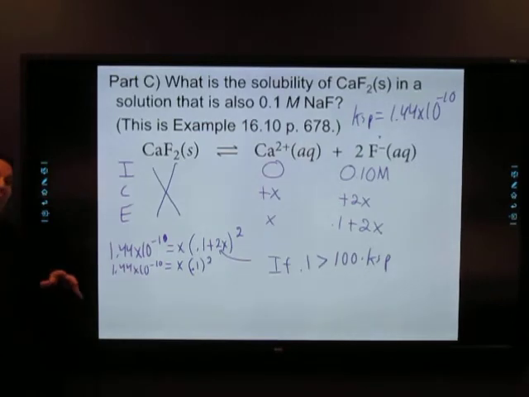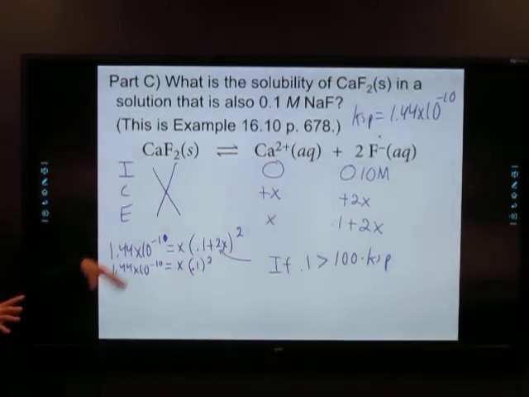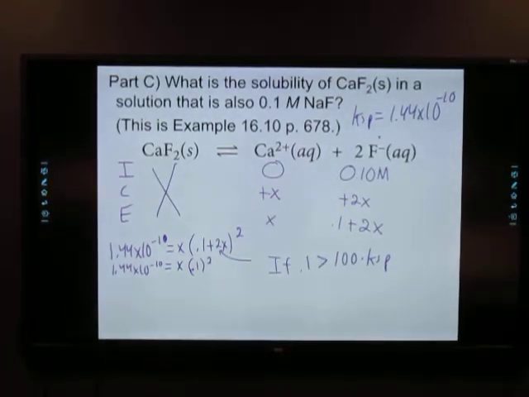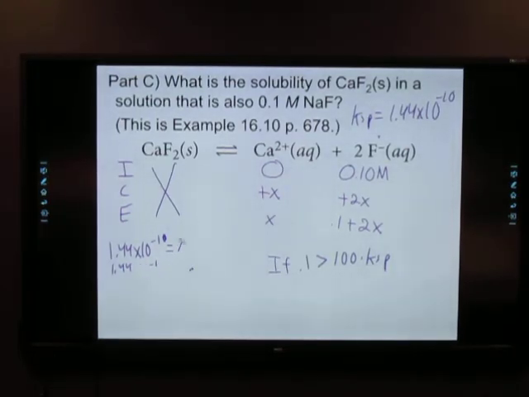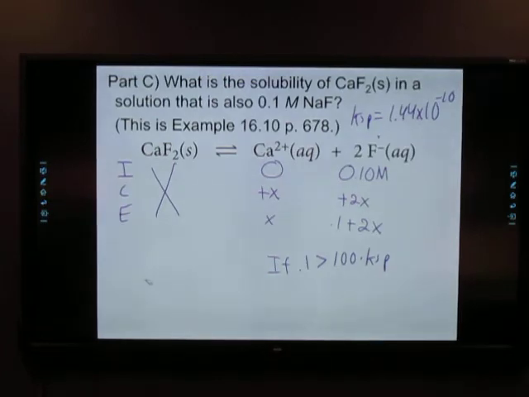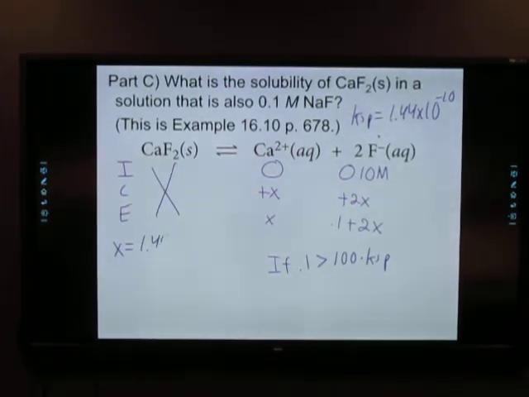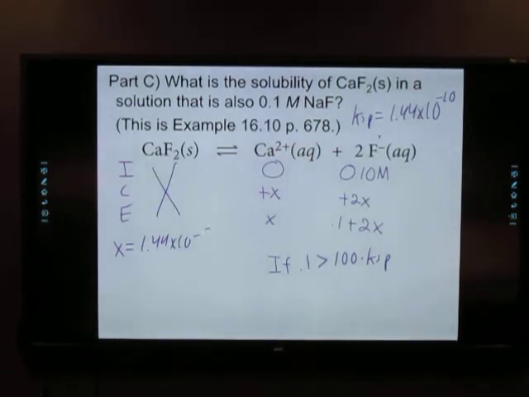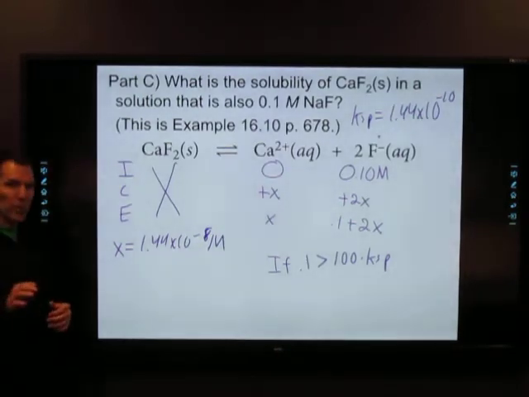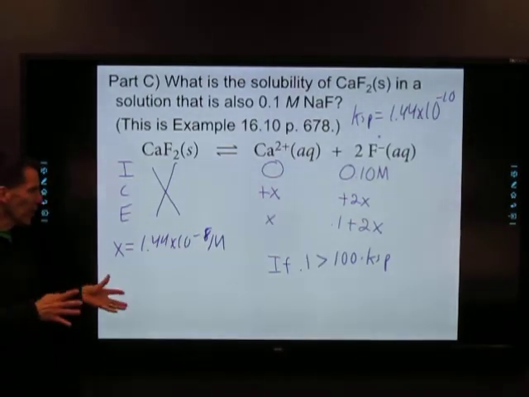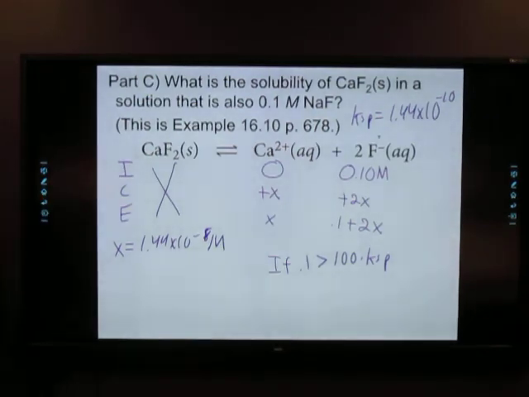That's the solubility of the calcium fluoride under these conditions. It'll come out as moles per liter by default because we're working with a K value. And so that's the solubility under these conditions.